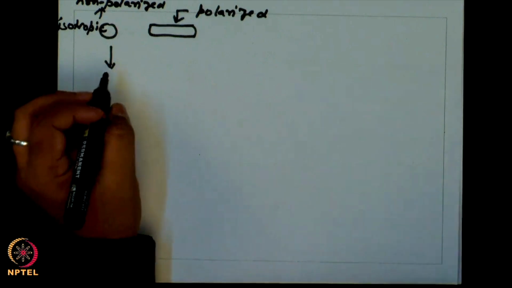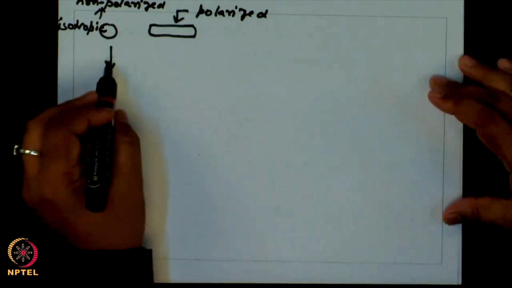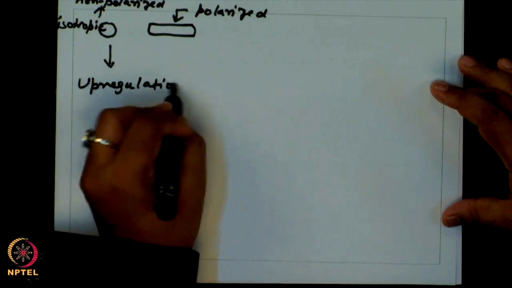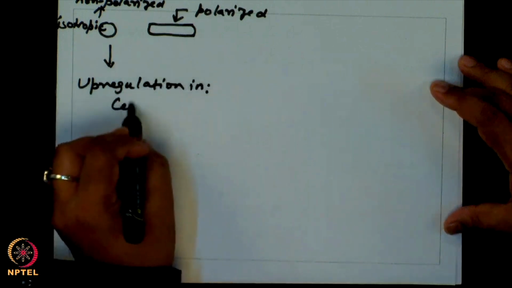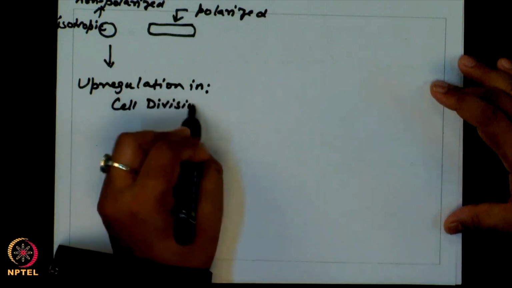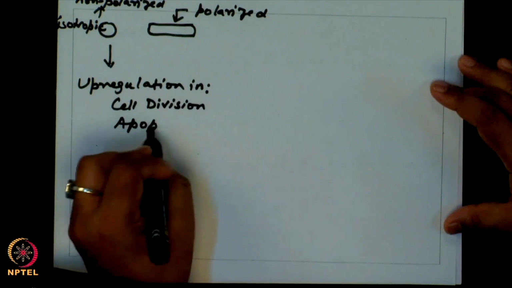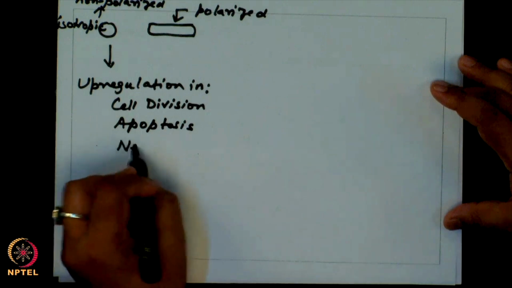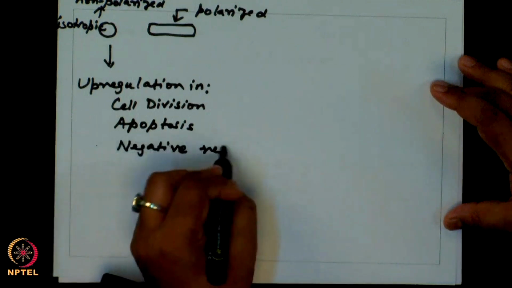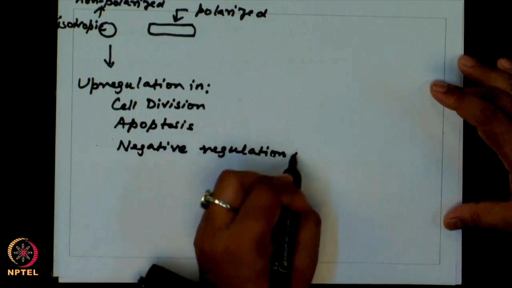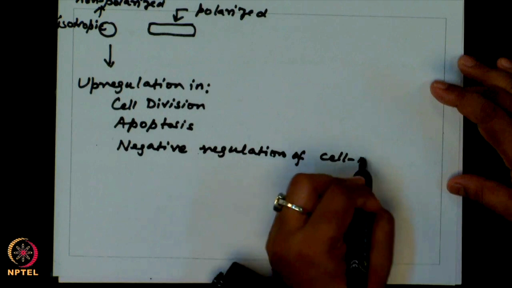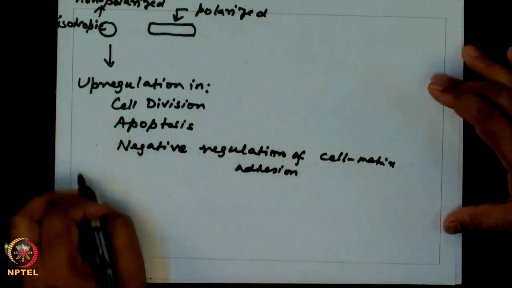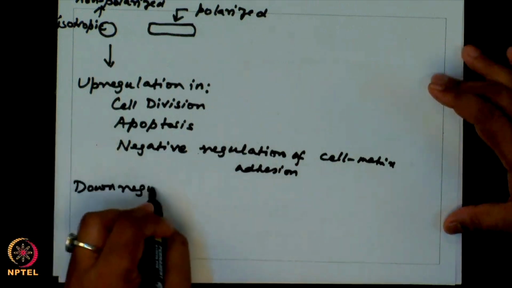Okay. So, what they found was that on these circular patterns they had upregulation in cell division proteins, apoptosis genes and regulators, and negative regulation of cell matrix adhesion. Again, there were some other signals which are downregulated on the circles.